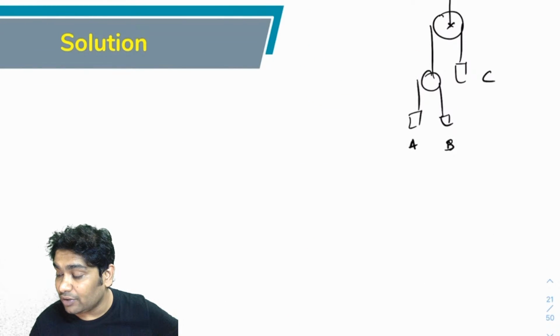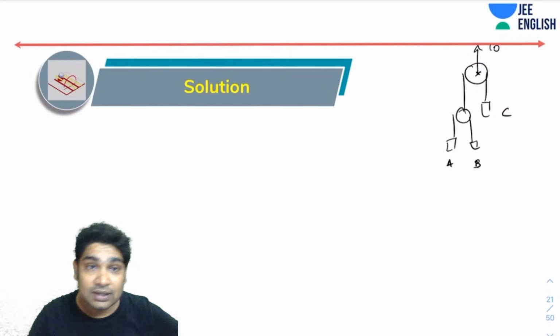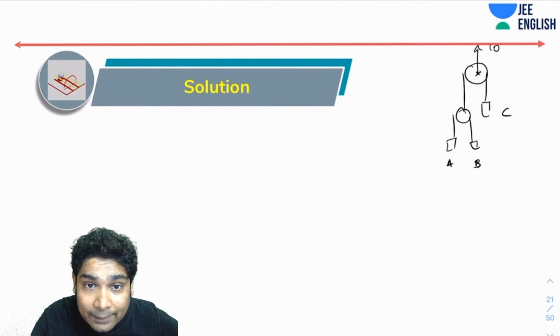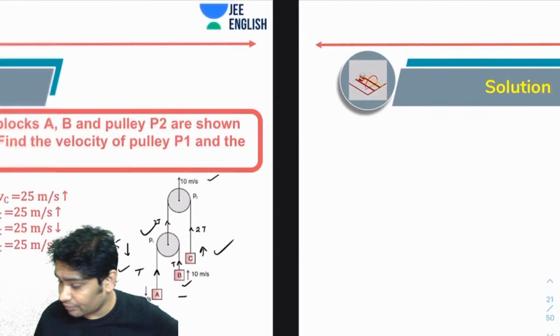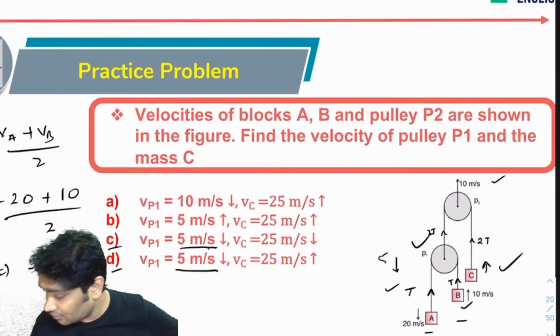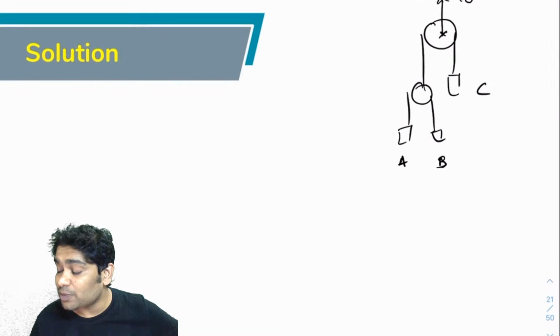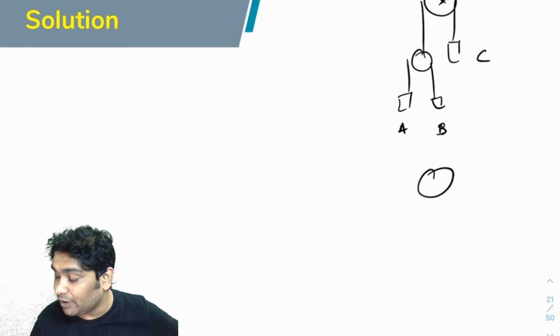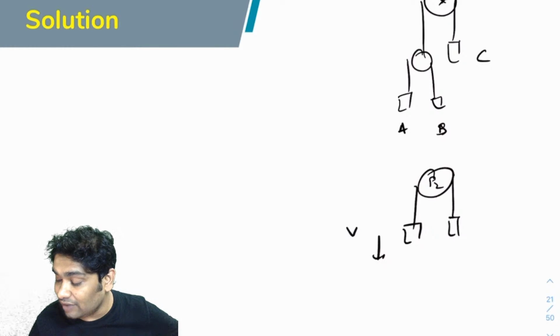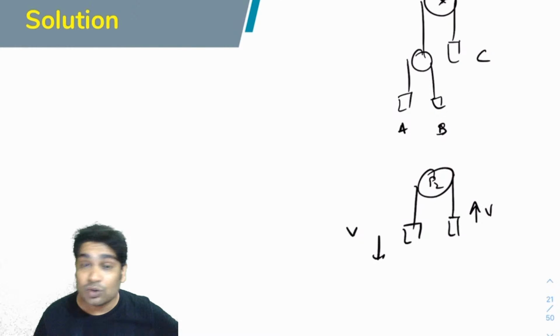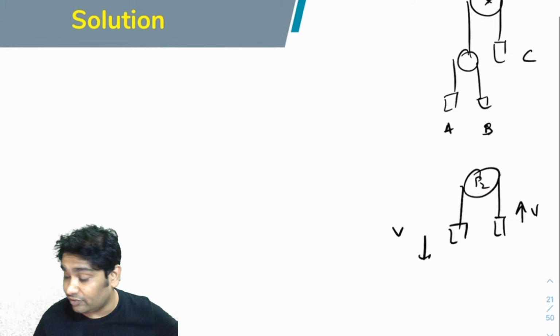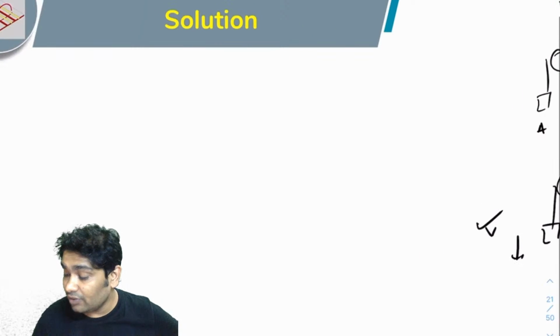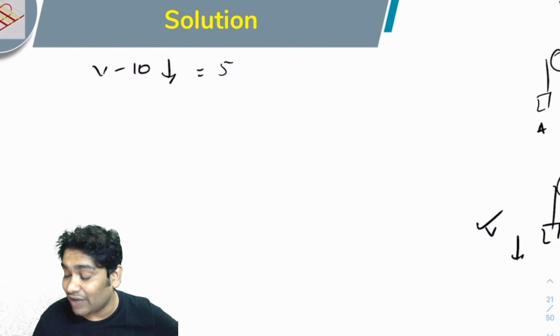Let us assume with respect to this pulley, pulley number 2. If I come to the reference frame of P2, then if this is going down by some V, this would be going up by V. So the ground frame velocity of this would be V minus 10 downwards, and that has been given to me as 15.